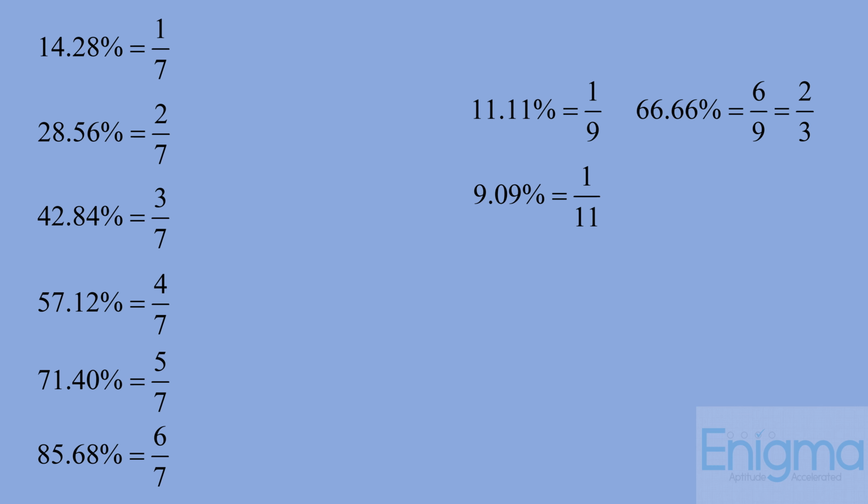Remember this thing, it is not 9.9%, it is 9.09%. 2 by 11 can be written down as 18.18%. 3 by 11 can be written down as 27.27%. So basically it just becomes a table of 9. Very simple.